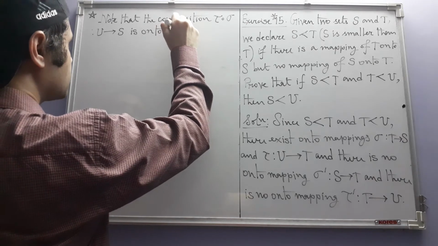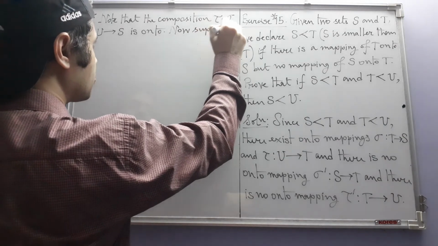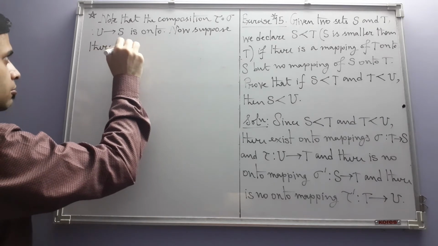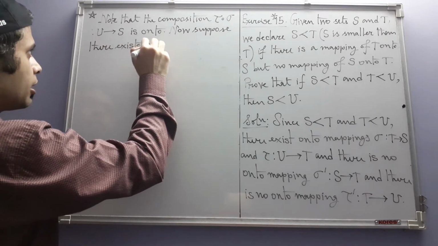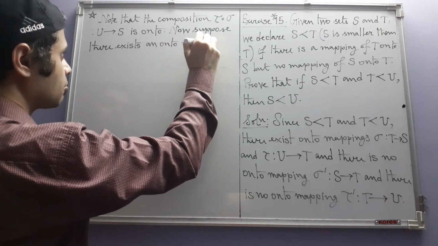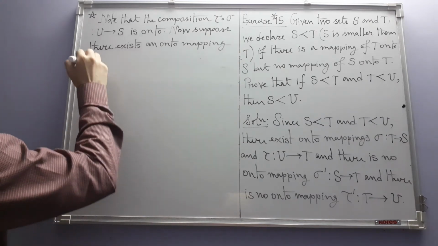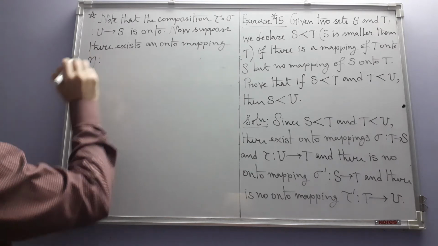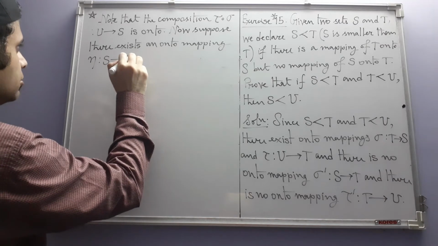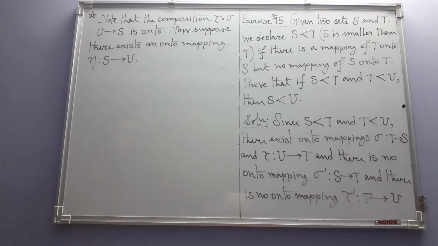Now suppose there exists an onto mapping, what shall I call it? Let me call it eta again, from S to U. One such mapping exists, that is our supposition.